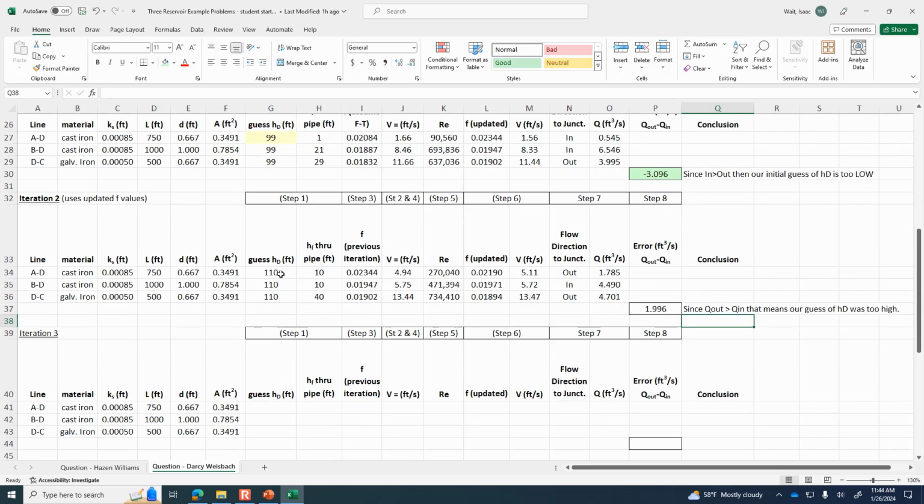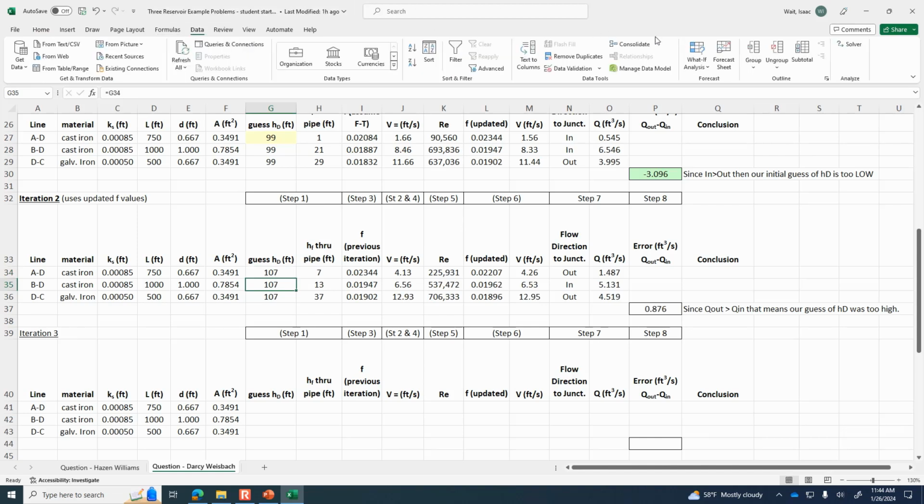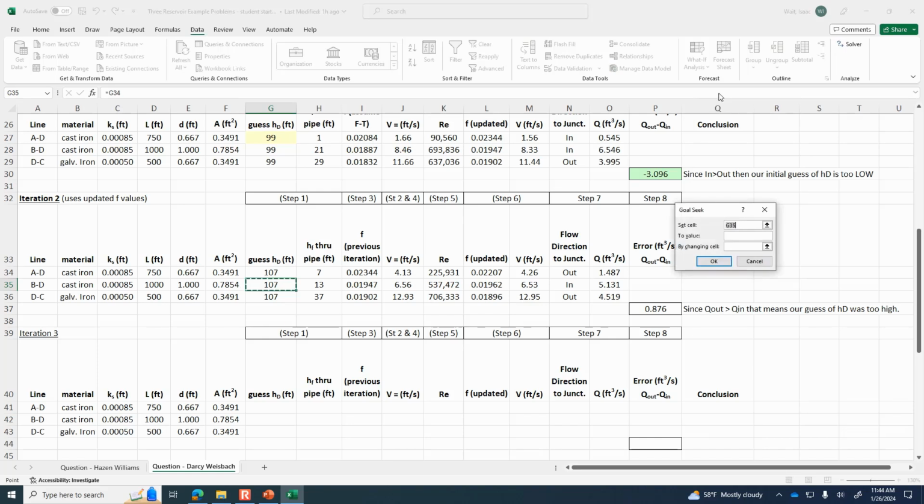We could do goal seek a little bit here. Like, see how it was 110? Well, does 109 get us closer? Yeah. 108. 107. We could try data, what if analysis, goal seek, and we can run goal seek so that this error is 0 by changing the guess head value.